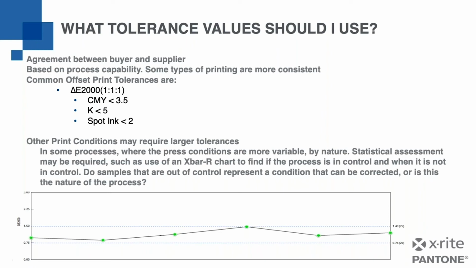Or is it something that's just the nature of the process and you can't control that, in which case you may have to widen the tolerance to accommodate that behavior of a well-controlled press that just has that natural tendency to vary a certain amount. So you may need to do some of that work to figure out your best tolerance target values.